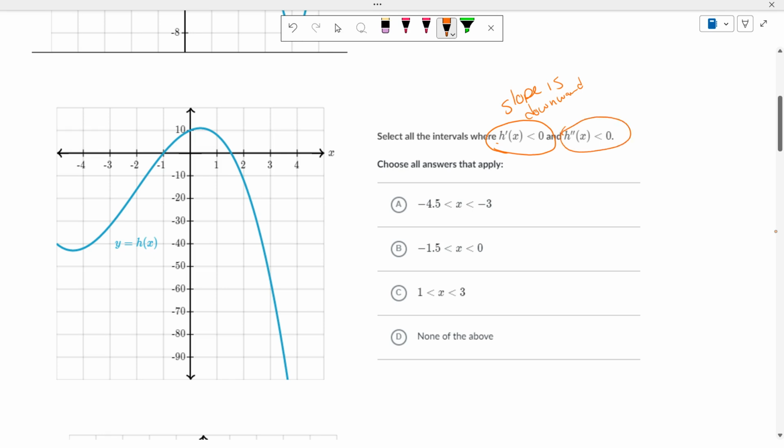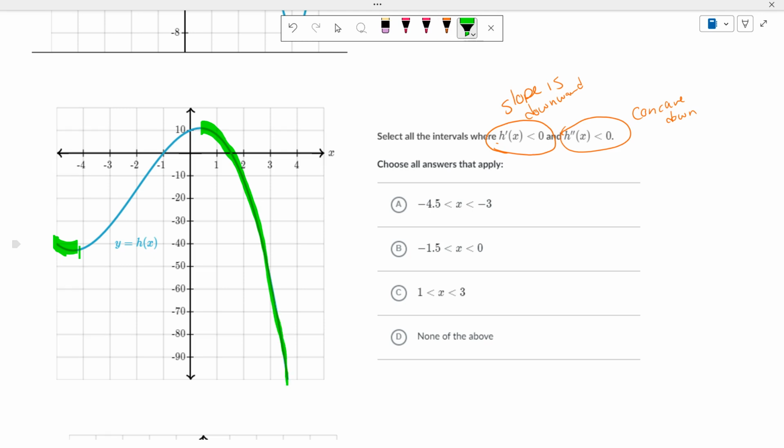And where the second derivative is less than 0, that's where it's concave down. So you need to find where the slope is down. Well, the slope is down right here and right here. That's where the slope is negative.